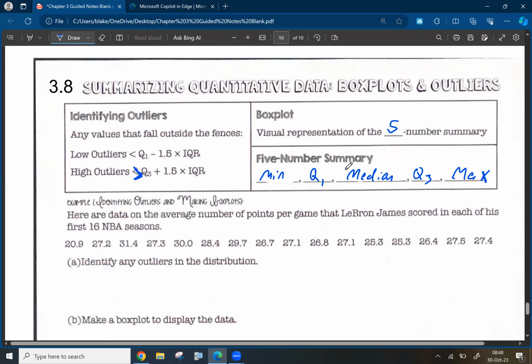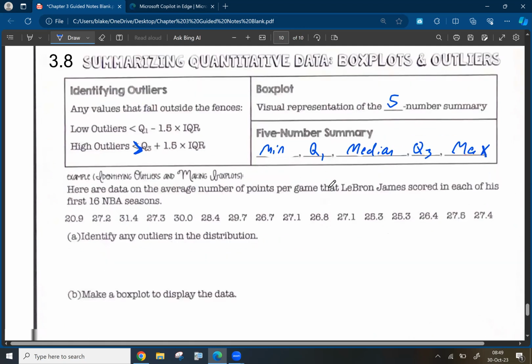This is the 5-number summary: the minimum, the maximum, the median, and Q1 and Q3. And it should be in this order, right? The minimum will be the smallest, the maximum will be the largest, the median will be the 50% mark, halfway mark. Q1 is the 25th percentile or halfway between the min and the median. Q3 is the 75th percentile, which is halfway between the median and the max. So this order is important. It's easy to remember this order, 5-number summary.